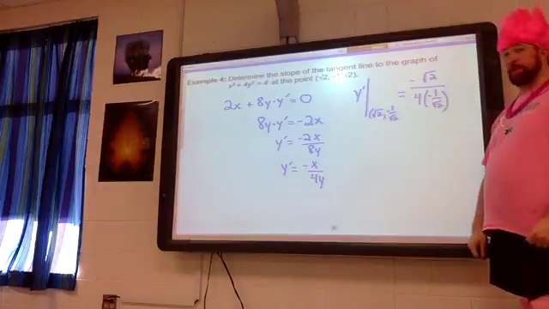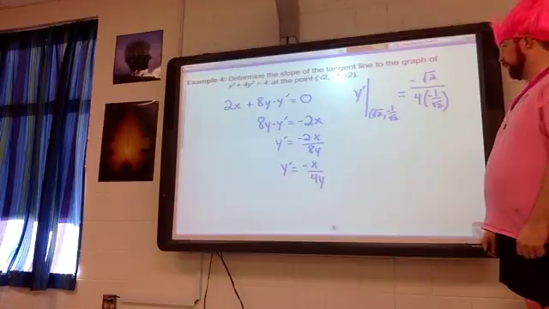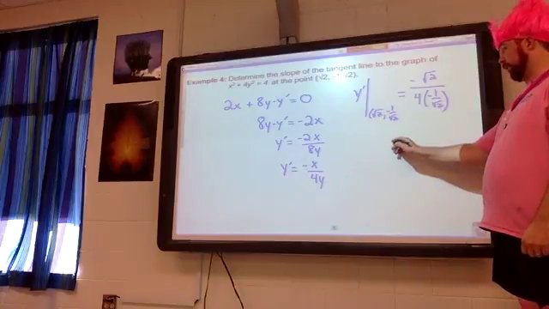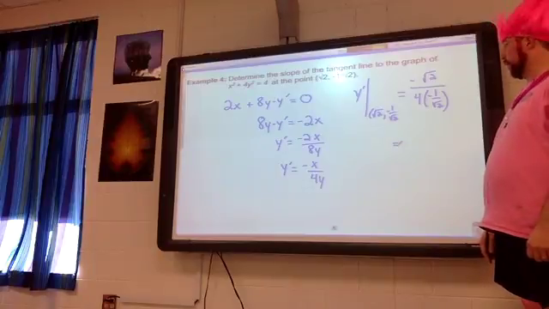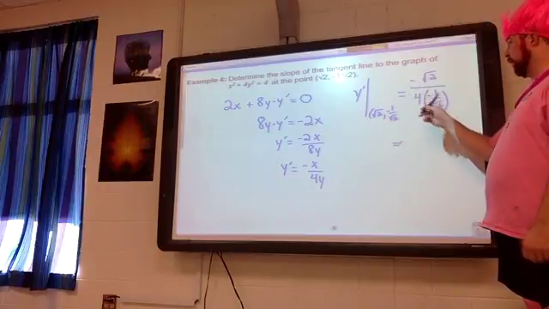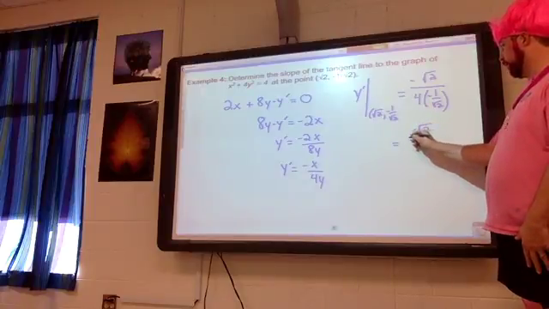Which might look bad, and you just have to deal with those square roots like you might have done in Algebra 2 or Advanced Math Plus class. Let's clean it up. I got a negative on top, negative on bottom, so those are going to go away. I got a square root of 2.